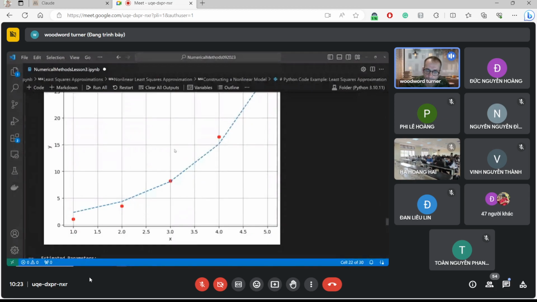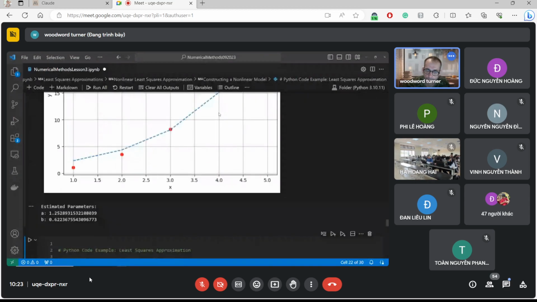When we run it through that whole machine, we get this curve, which is a e to the bx, and the optimal a and b that make it fit these points are about 1.25 and 0.62. So 1.25 e to the 0.62x is this blue curve here, and that's the best approximation we have for these red points.